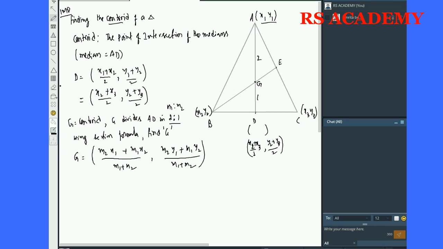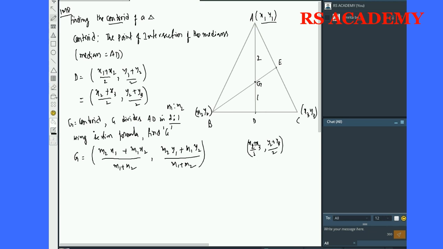So in this formula x1, y1 is x1, y1 only, but x2, y2 is x2 plus x3 by 2, y2 plus y3 by 2.